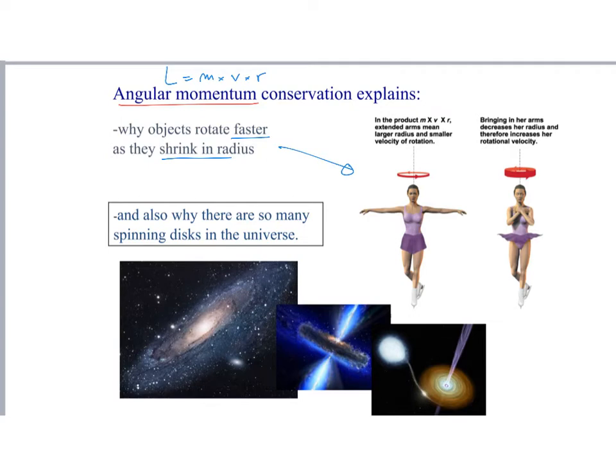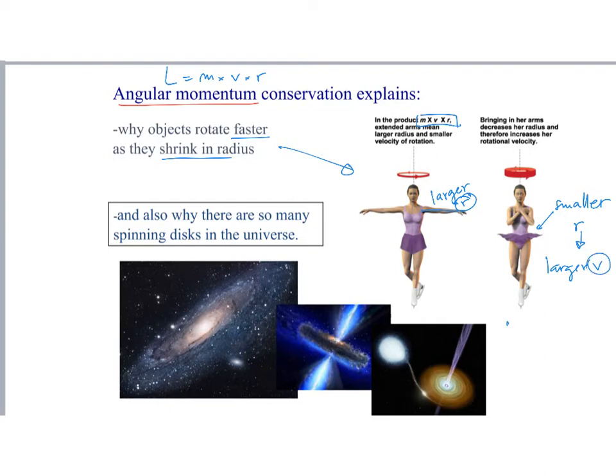All right, so extended arms mean a larger radius. Because the product between the mass, the velocity and the radius actually stays constant, when you go to a smaller r, that translates into a larger velocity, right?